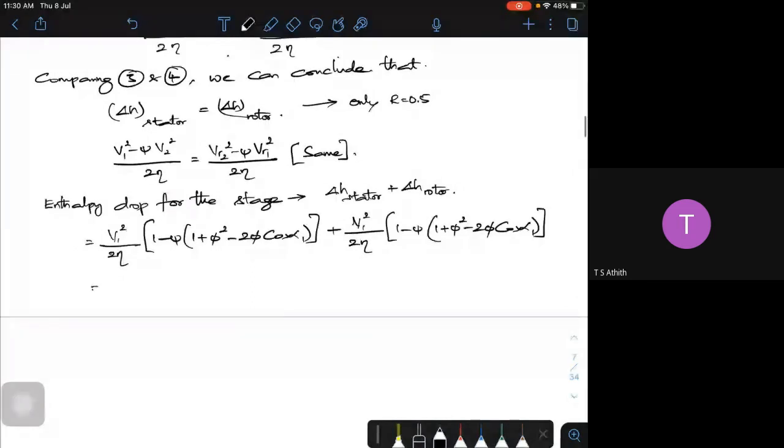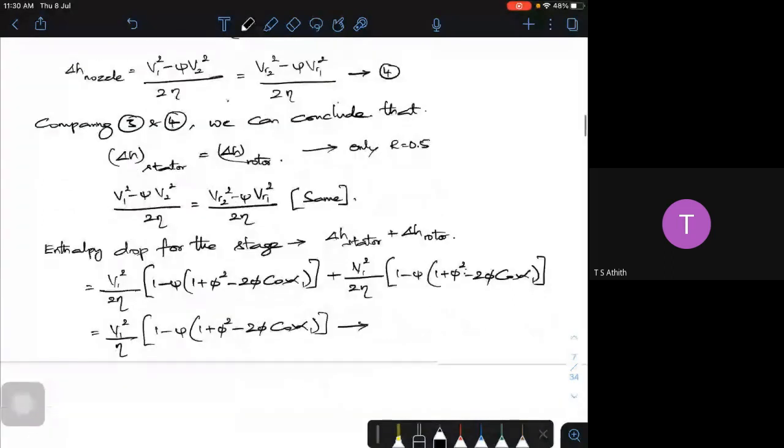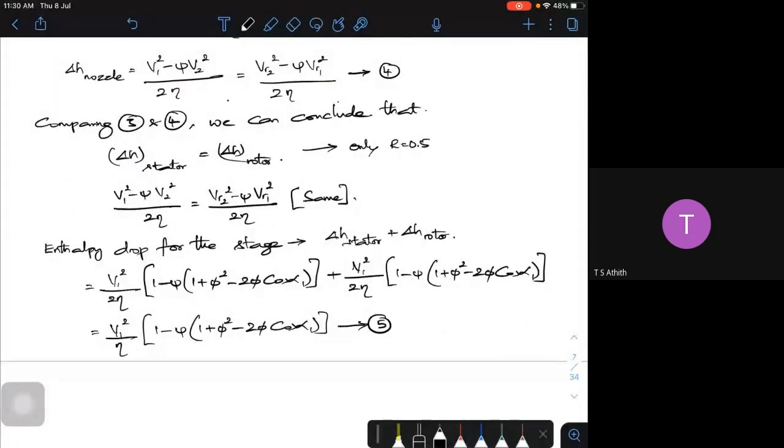Simply, I can write this as V1 square by efficiency into 1 minus psi into 1 plus phi square minus 2 phi cos alpha 1. So this is your enthalpy drop per stage. I'm going to call this equation number 5. This is the enthalpy drop per stage, which consists of both stator and rotor.